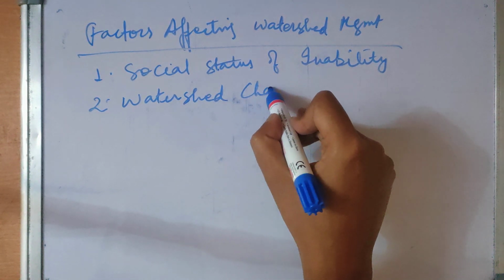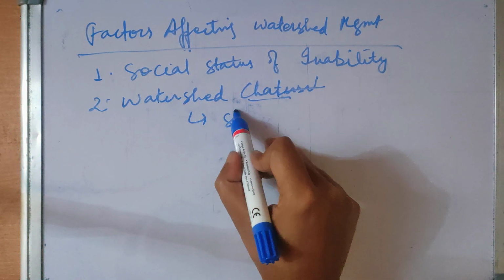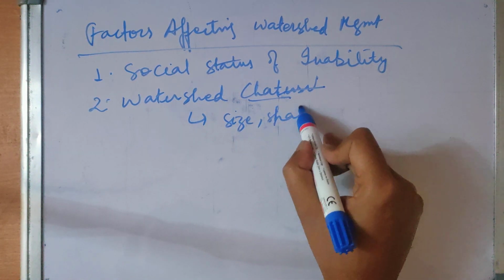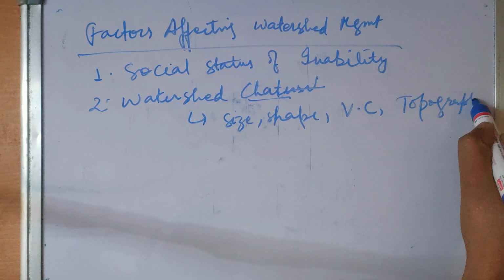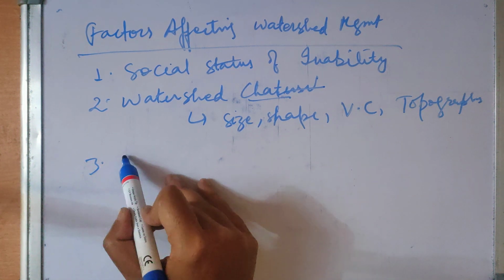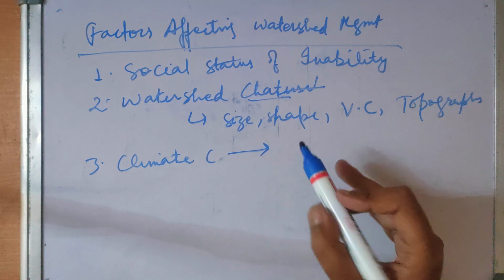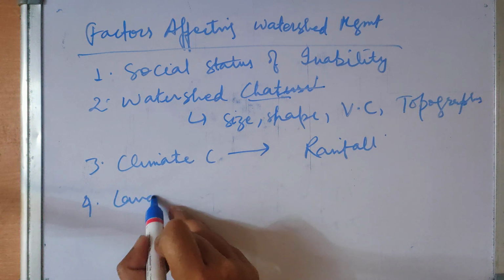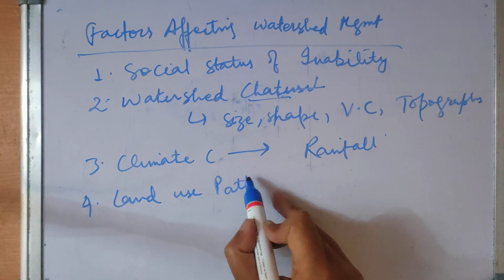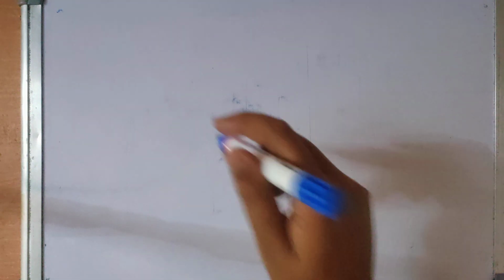Watershed characteristics such as size, shape, vegetative cover, topography, all these things affect a watershed. Climate characteristics such as amount of precipitation or rainfall, land use pattern. So these are the factors which affect a watershed. Now, what are the issues before watershed management?